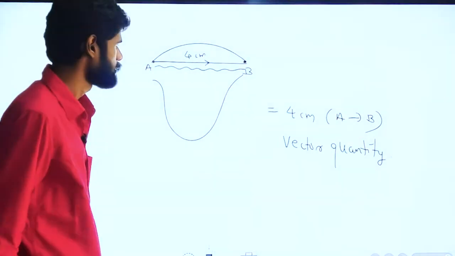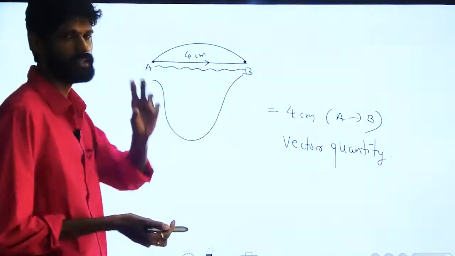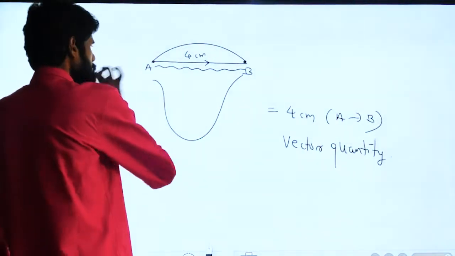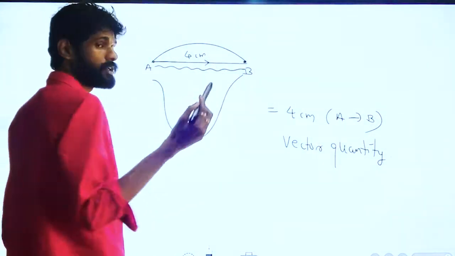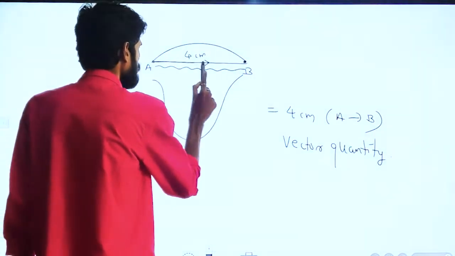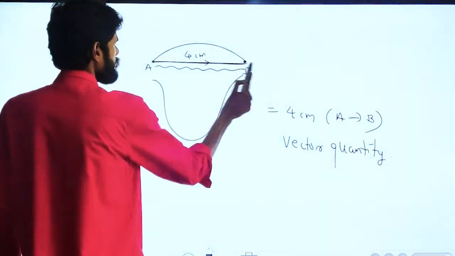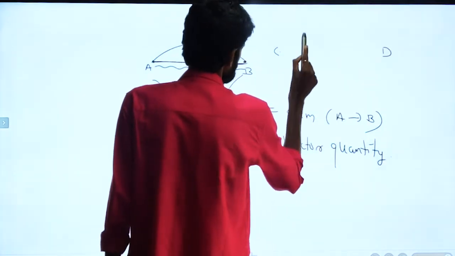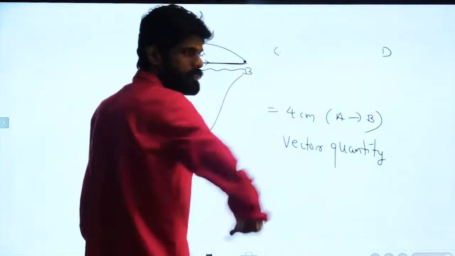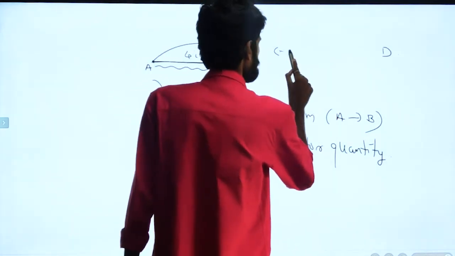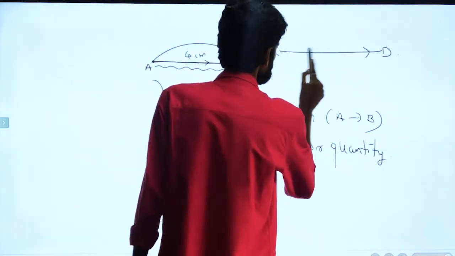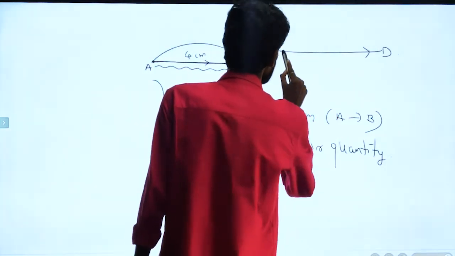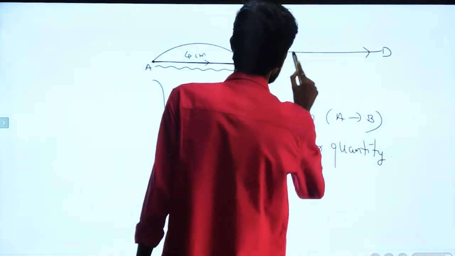To find the displacement, we need two positions: the initial position and the final position. Draw a straight line from initial to final, then measure the length of the line. Suppose C and D, this is the initial point, this is the final point. From C to D is the displacement. The distance is also C to D. The path length is 10 centimeter, so the distance is 10 centimeter.